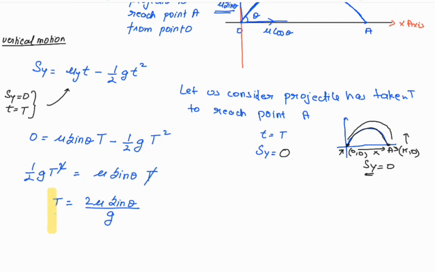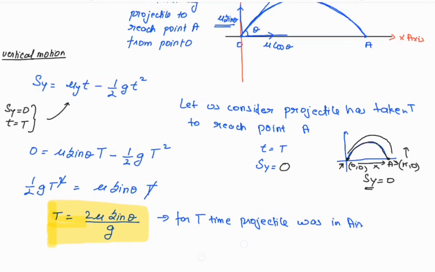This is the formula to calculate the flight time, or time of flight, for projectile motion. For this much time the ball was in air. You can write: for T time the projectile, ball or particle was in air.